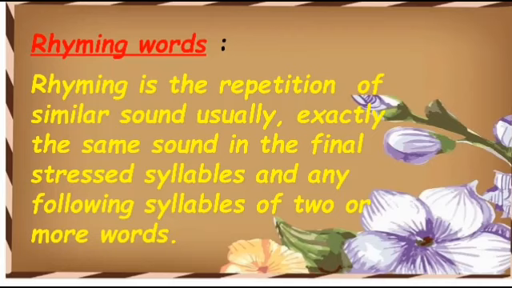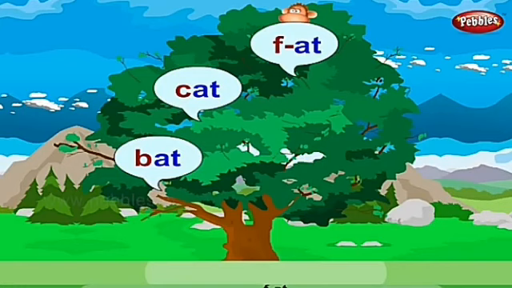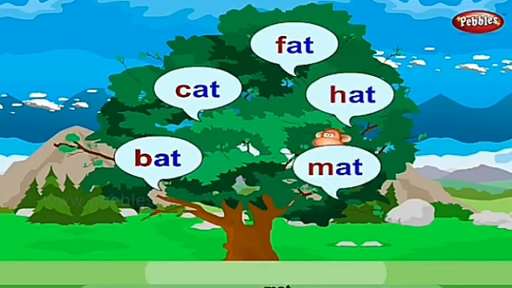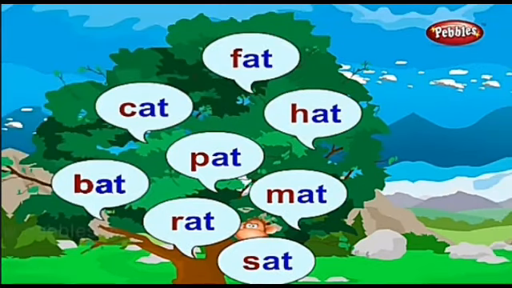What are rhyming words? Rhyming is the repetition of similar sound, usually exactly the same sound in the final stressed syllables and any following syllables of two or more words. Okay children, now let's see some examples. Bat, cat, fat, hat, mat, pat, rat, sat.